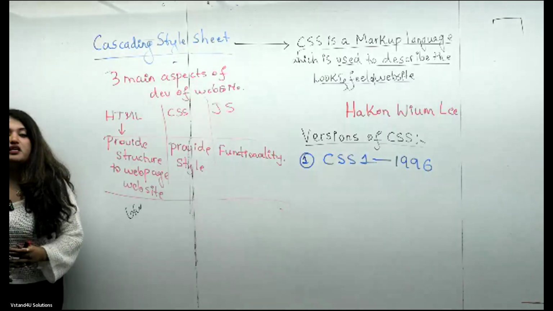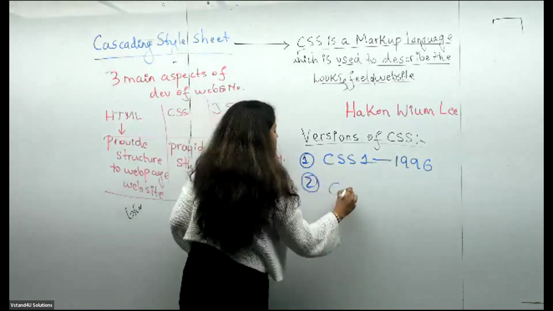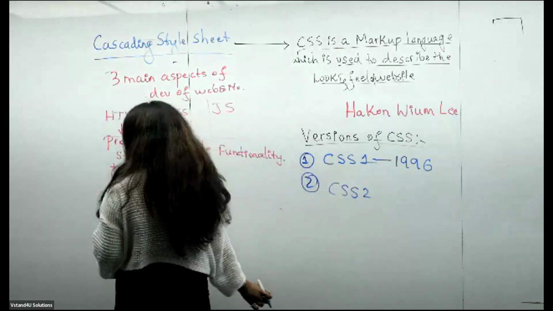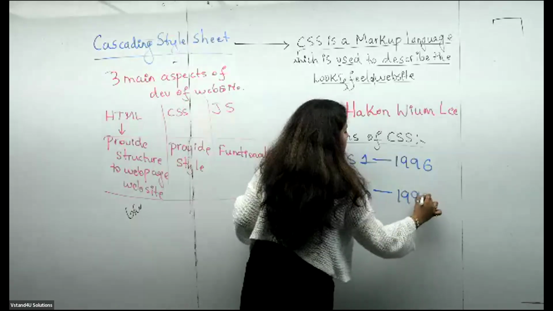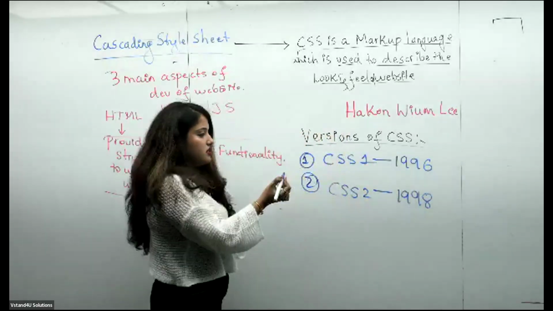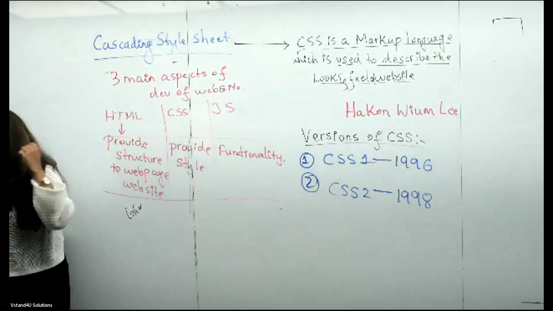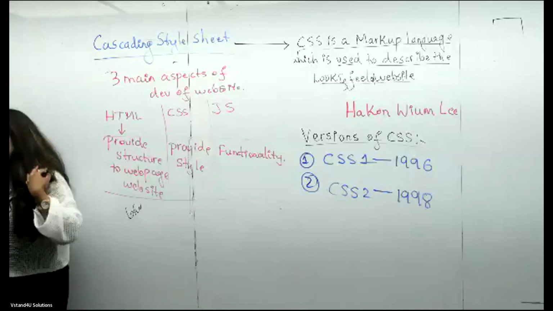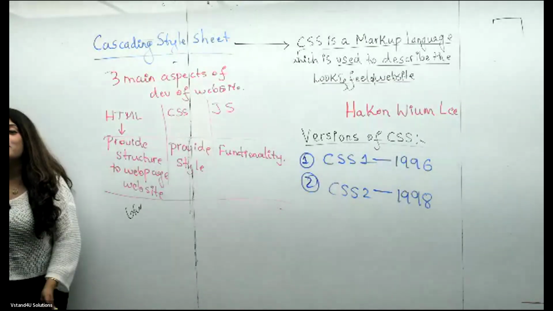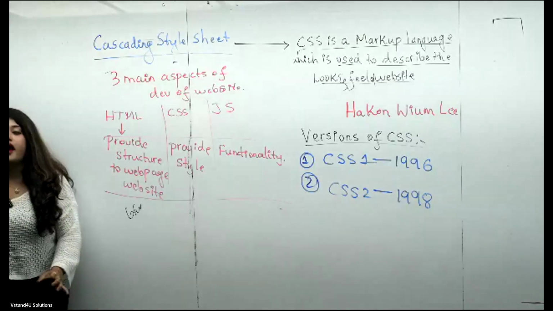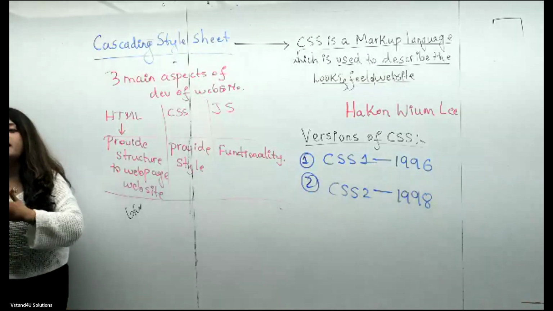The second one is CSS2, and it was released in the year 1998. The extra features added to this were fonts and positioning. Fonts means the different styling of fonts.